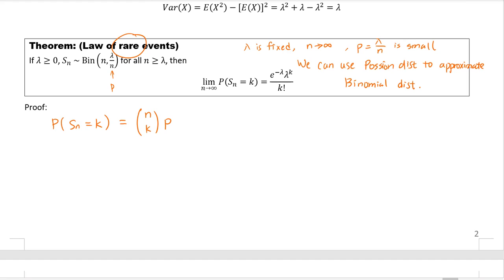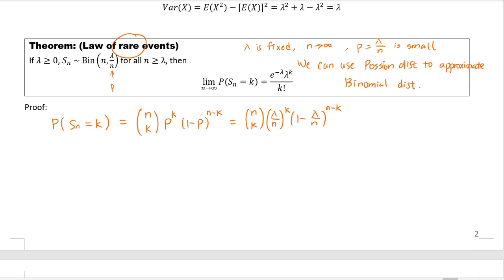Because we have k successes, the probability of success is p, so p to the k, and the probability of failure is 1 minus p, and we have n minus k failures. But what is p? p is lambda over n, so we plug in lambda over n.